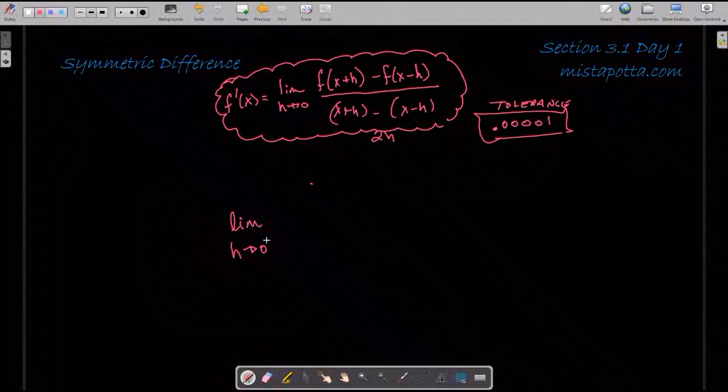I may only be able to look at it from one side, and so I may have what we call a one-sided derivative if I'm dealing with a boundary point to my interval. So that's all for tomorrow's lesson.